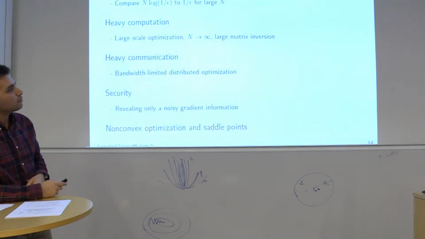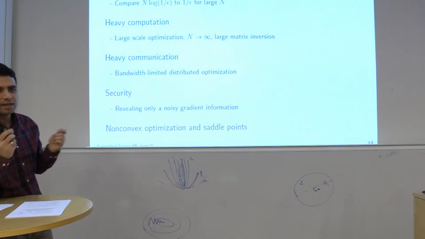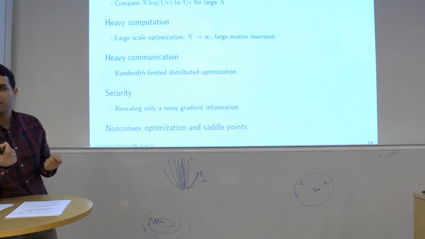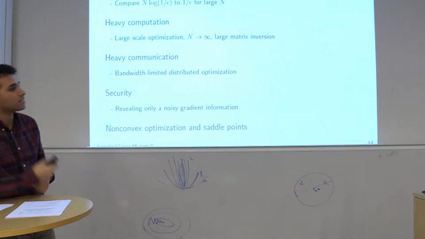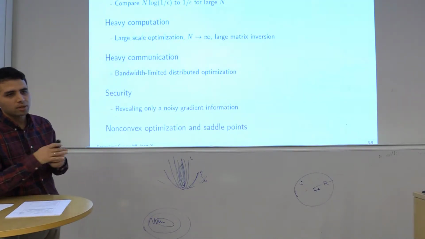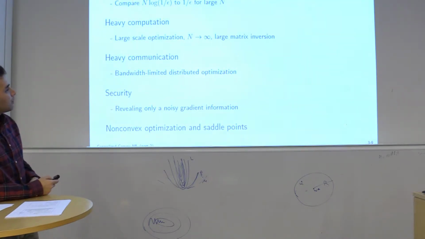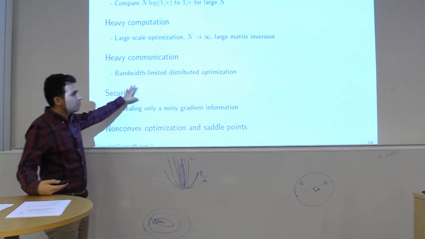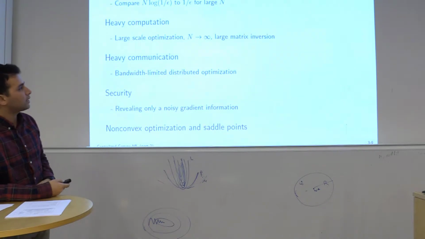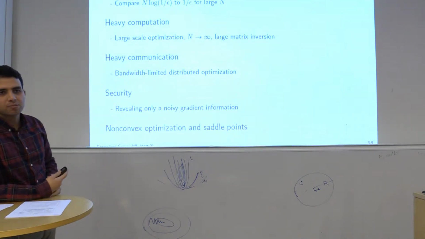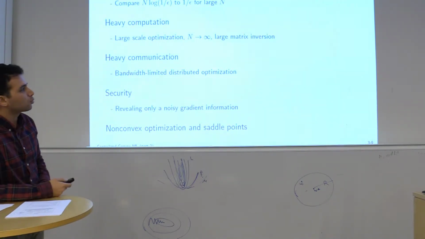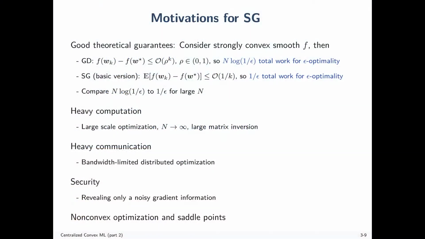And usually you will see that if n is large, then that communication really would be the main bottleneck of the whole computation process, the whole convergence time, essentially. So if we do have especially some bandwidth-limited distributed optimization, then usually stochastic gradients may behave much better than the normal gradient descent. There could be some security.